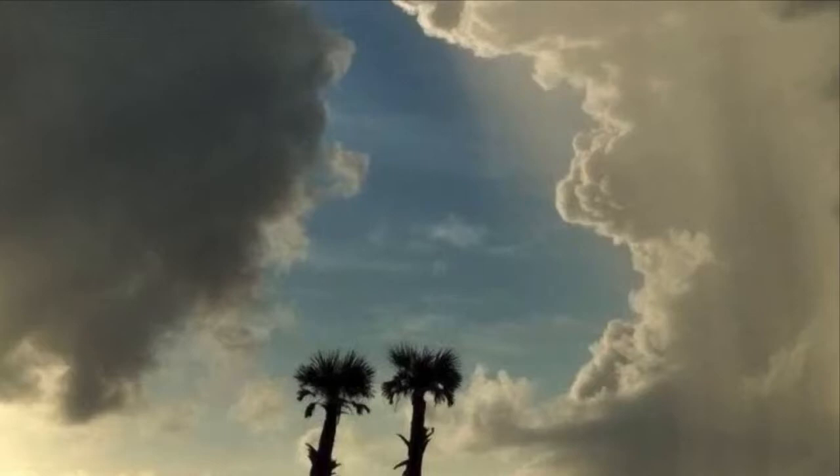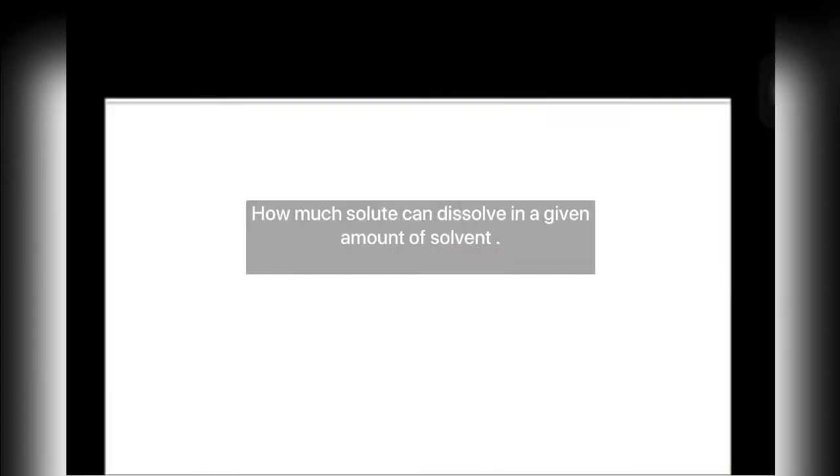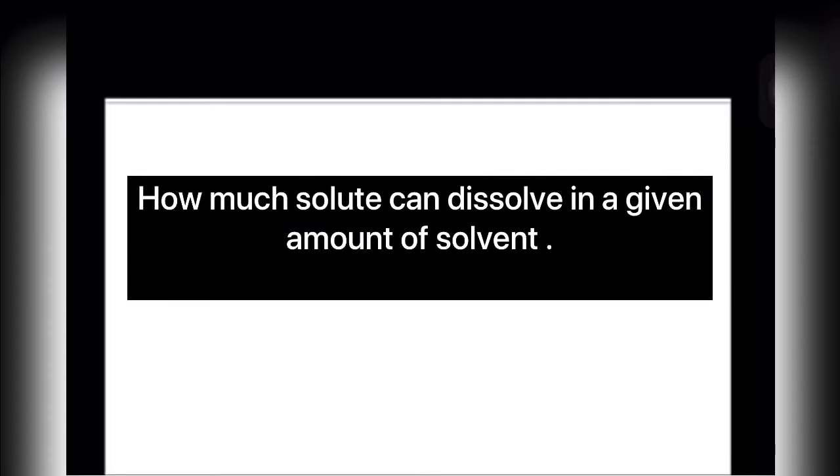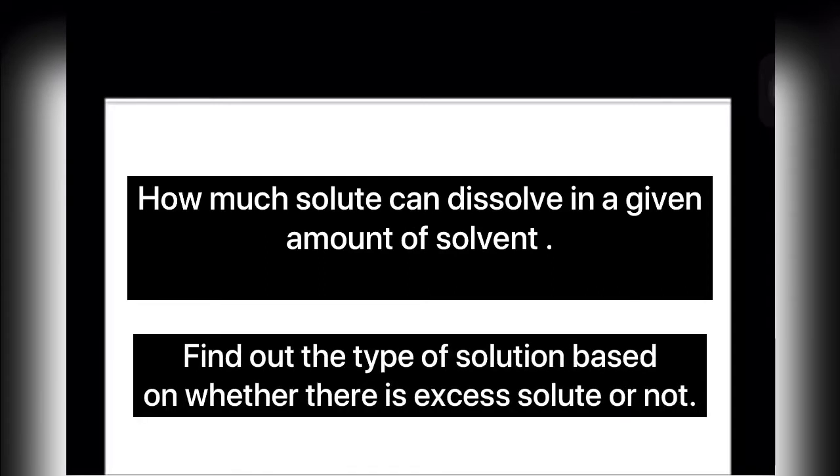to liquid. Now you will find out in this lesson how much solute can be dissolved in a given amount of solvent, and find out the type of solution based on whether there is excess solute or not.